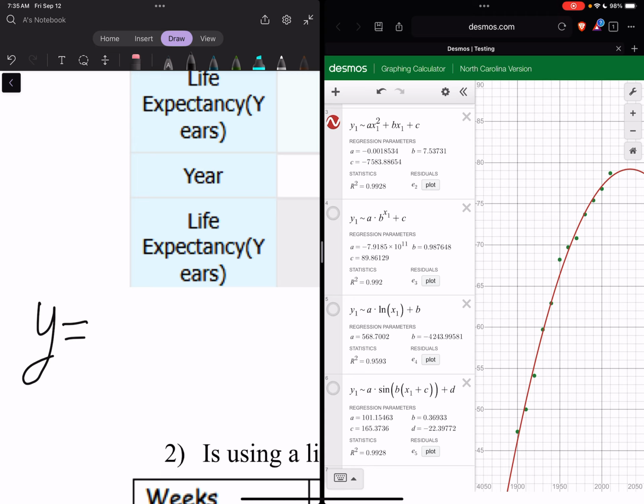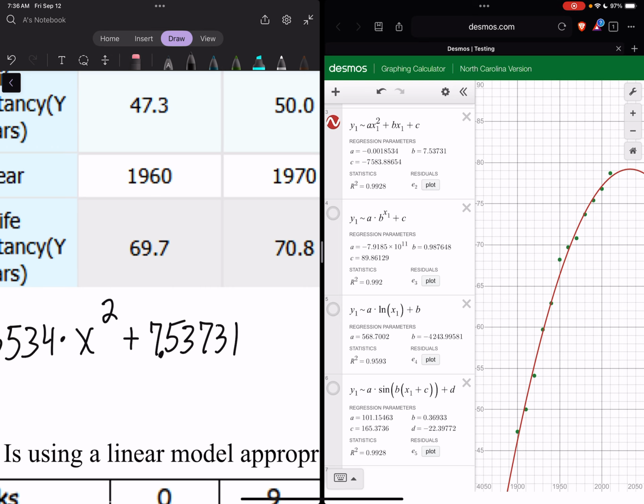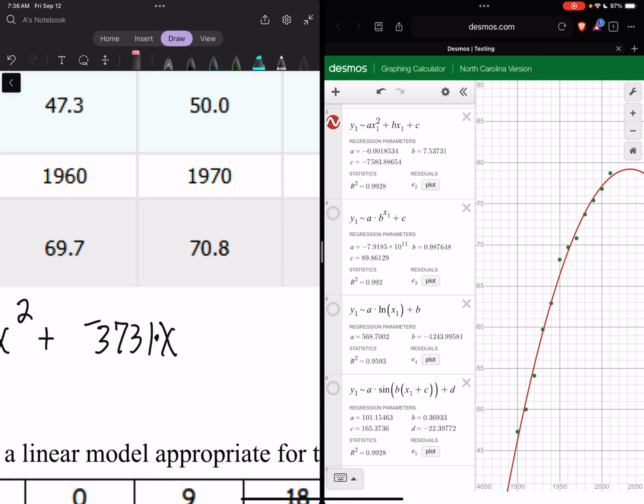So y equals negative 0.00185534 times x squared plus 7.53731 x. I'm going to write that 7.